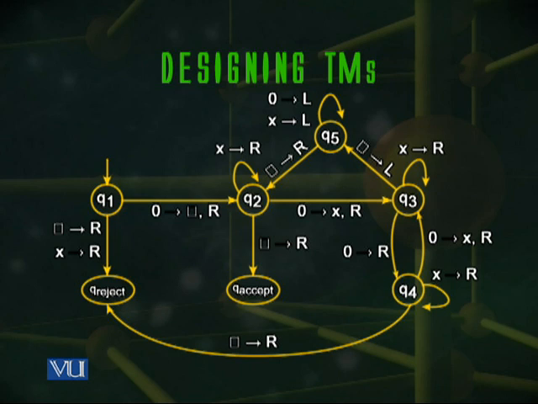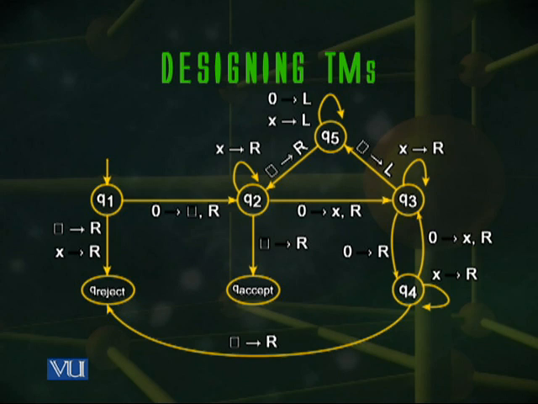On the other hand, if it's in state Q3, then it has seen an even number of zeros, and if the machine now sees a blank, it starts moving to the left. The state Q5 is going to move the head all the way to the left till the machine sees the blank. Remember, we had put a blank in the first cell, so we are guaranteed to find it.